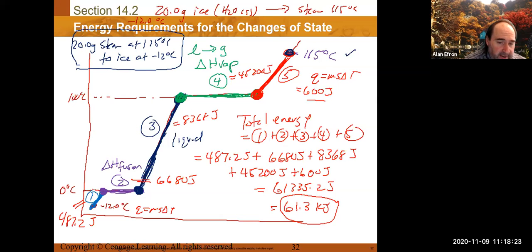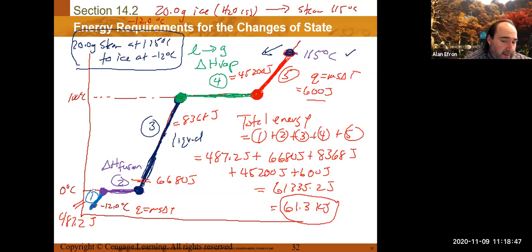So it's starting here and going downward. And really, nothing would be different in terms of the numbers that you got for each step. The only difference is the sign for each step. Instead of 600 joules for step number 5, going the opposite way, it would be minus 600 joules. And that's because the temperature change would be opposite.